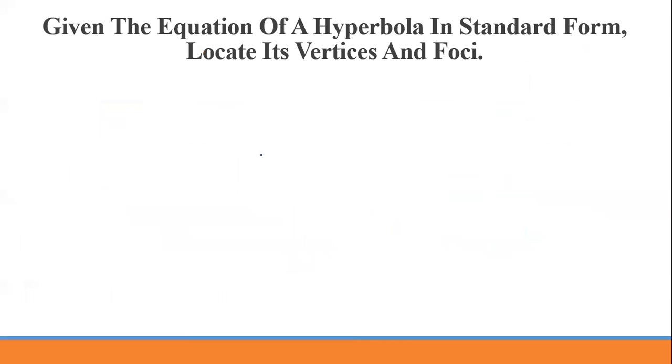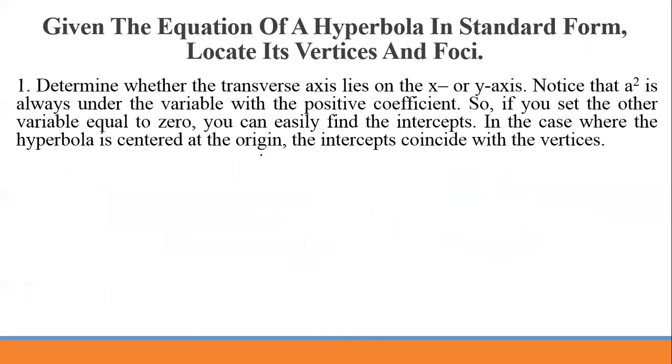Now we have: given the equation of a hyperbola in standard form, locate its vertices and foci. So, paano? How? First is to determine whether the transverse axis lies on the x or y axis. And notice that a squared is always under the variable with the positive coefficient. So if you set the other variable equal to 0, you can easily find the intercepts.